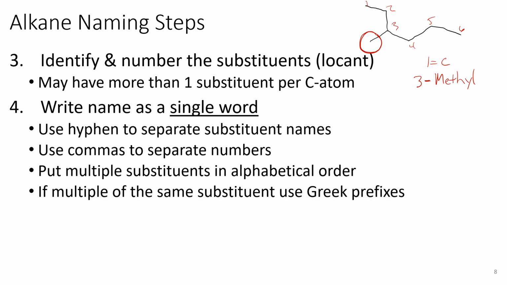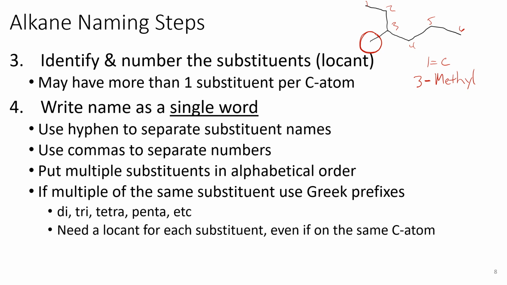If we have multiple of the same substituent, so say I have multiple methyl groups on different carbon atoms or even on the same carbon atom, we're going to use Greek prefixes, di, tri, tetra, penta, etc. to tell you how many. So if I have 2 methyl groups, I'm going to say dimethyl. You do need a locant for each substituent. So if I have a dimethyl, I need to have 2 locants, meaning I need to have 2 numbers, even if they're on the same carbon atom.